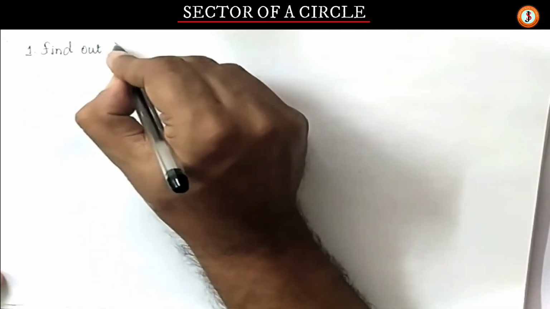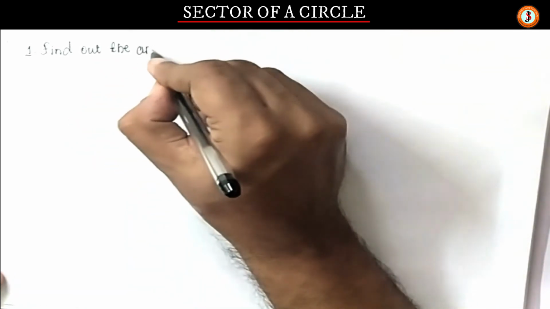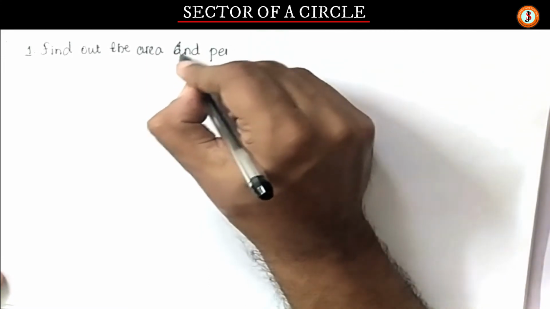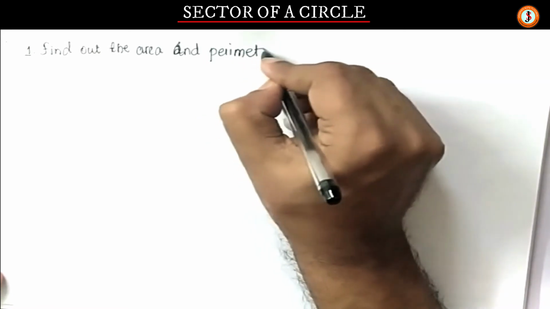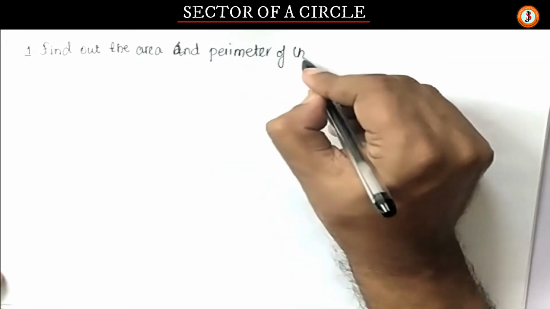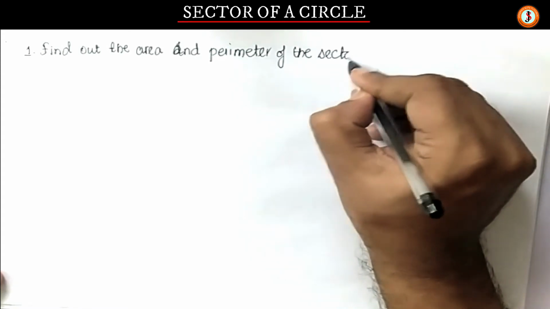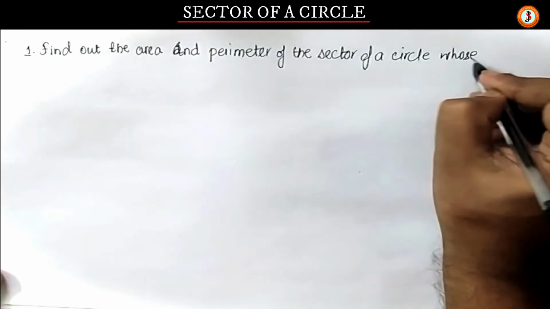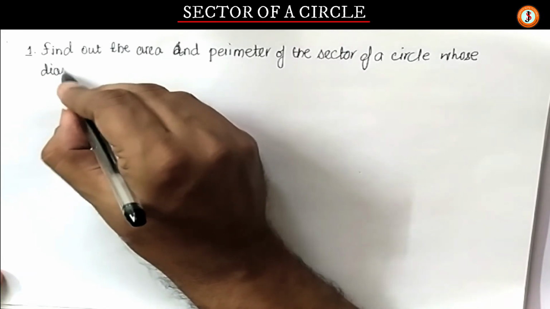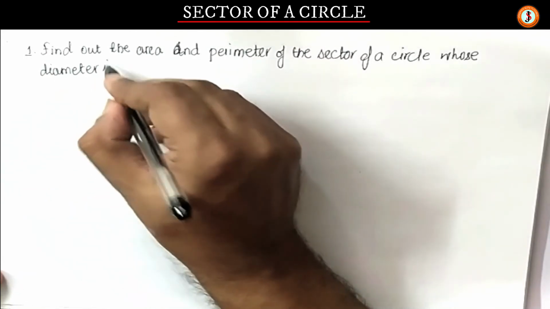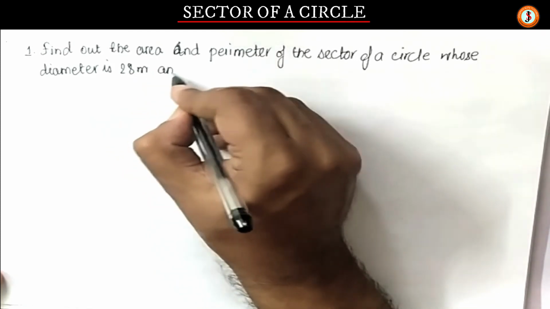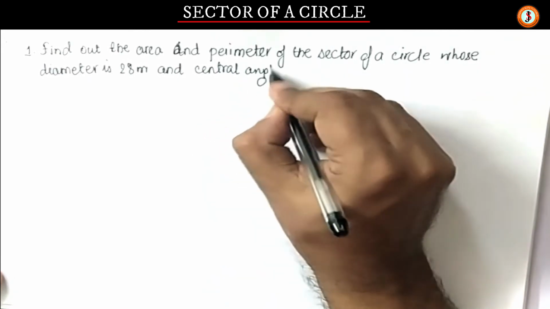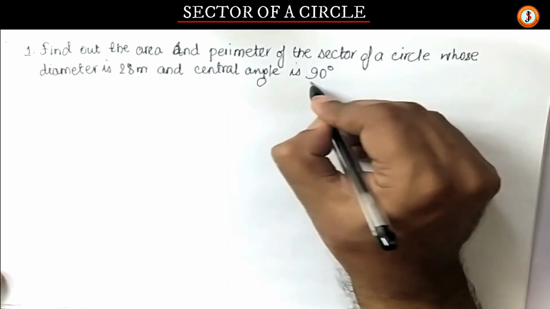Find out the area and perimeter of the sector of a circle whose diameter is 28 meter and central angle is 90 degree.